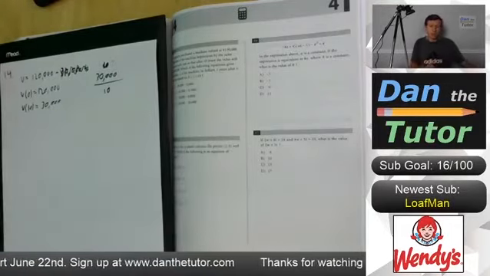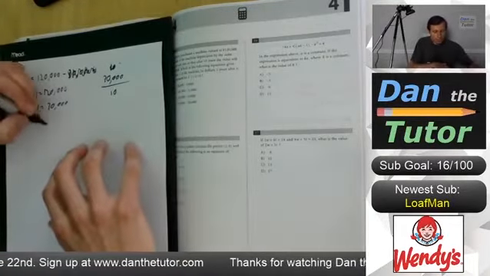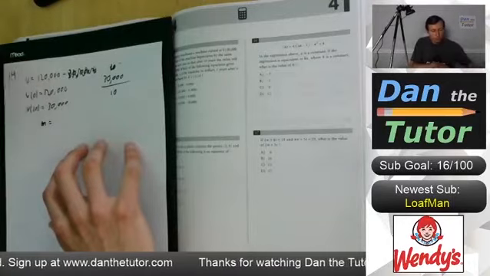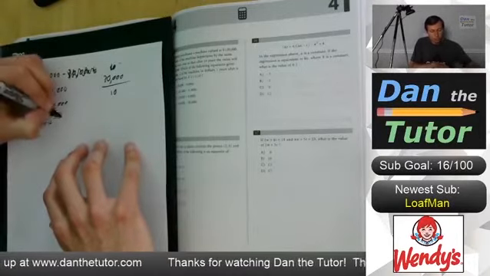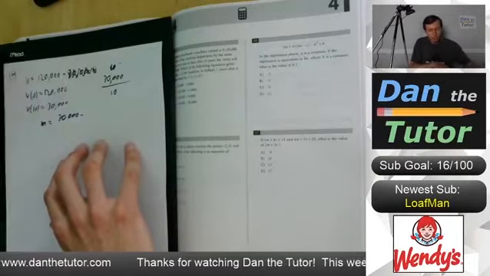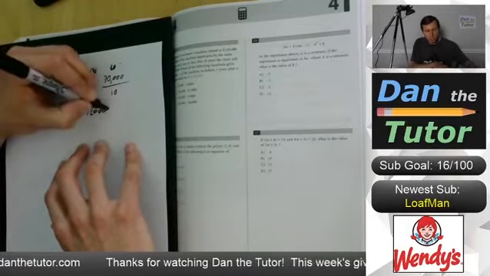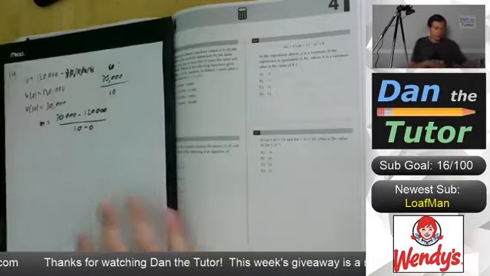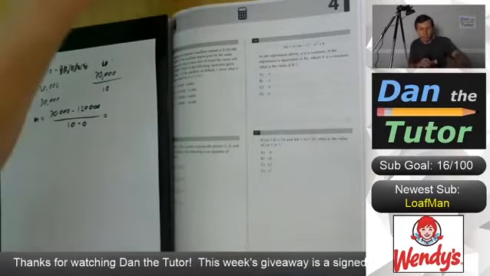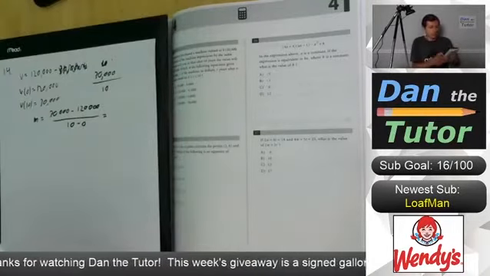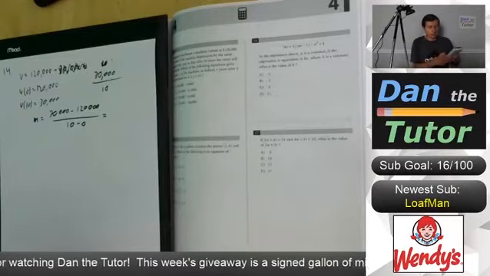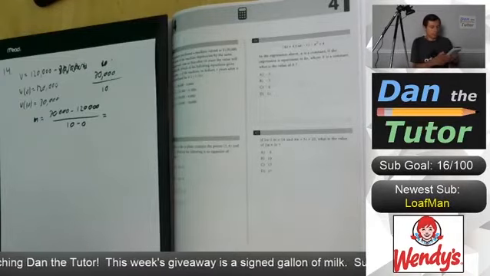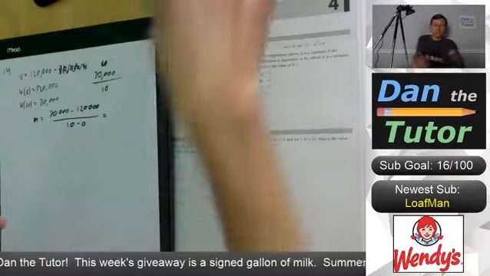And from there we can find the slope. The slope is going to be m equals 30,000 minus 120,000 divided by 10 minus 0. And that's going to give us an answer of 30,000 minus 120,000, divided by 10, negative 9,000.